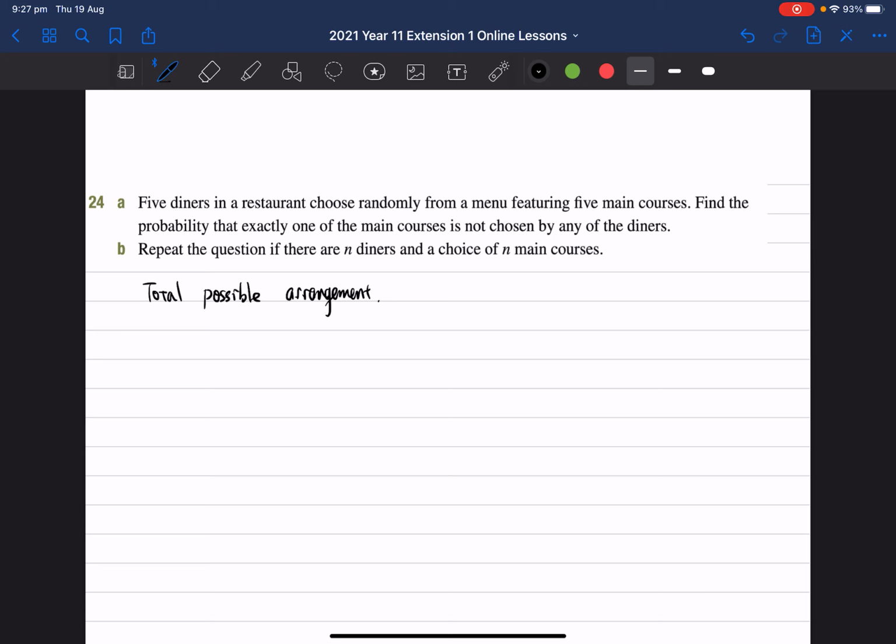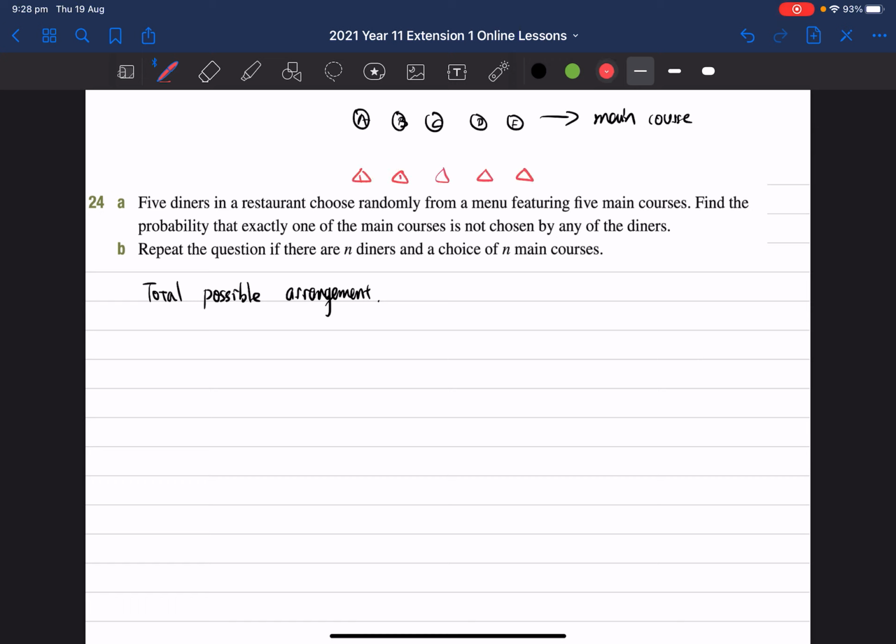Now, the question didn't say the diners have to choose different ones, so you can choose, like, main course A twice or 3 times. So let's draw some diagrams. These are the dishes, the main courses, A, B, C, D, E. So we've got 5 different main courses and 5 different people, 1, 2, 3, 4, 5.